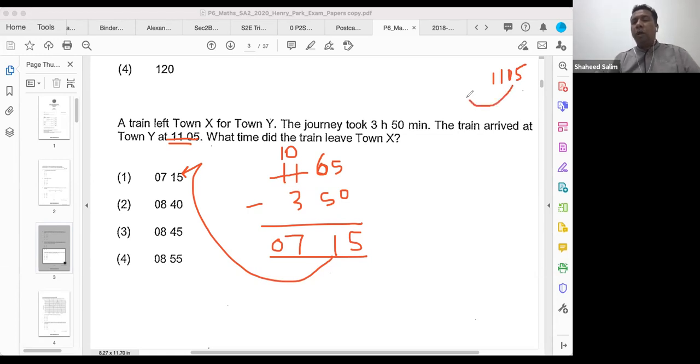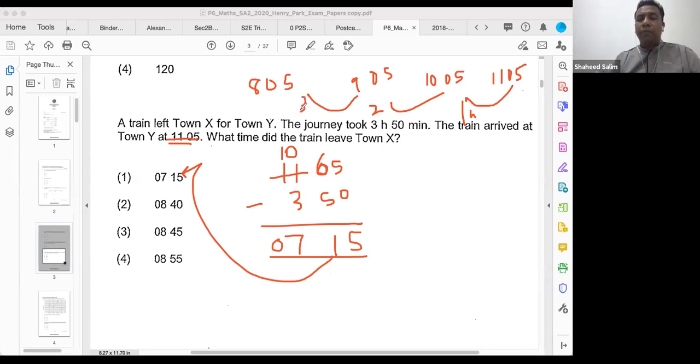We go 1 hour back, it's 10:05. Another hour back, 9:05. That's 2 hours. 1 more hour back, 8:05.